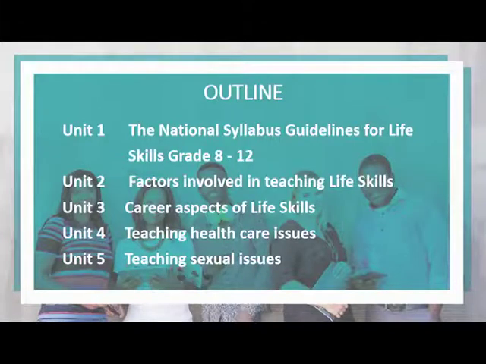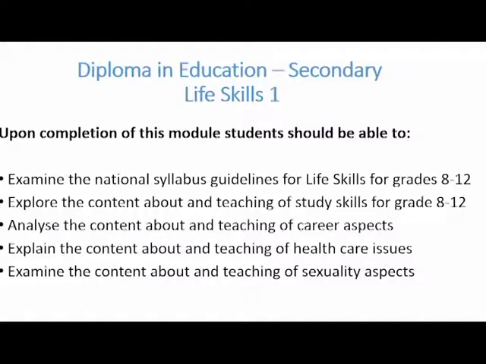Unit 2 looks at factors involved in teaching life skills. Unit 3 at career aspects of life skills. Unit 4 teaching healthcare issues, and Unit 5 looking at the sexual issues that we need to teach in life skills.